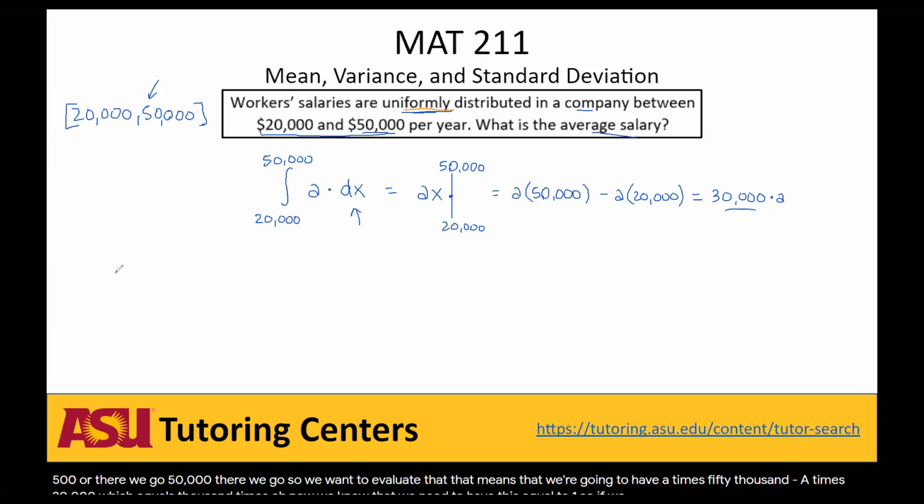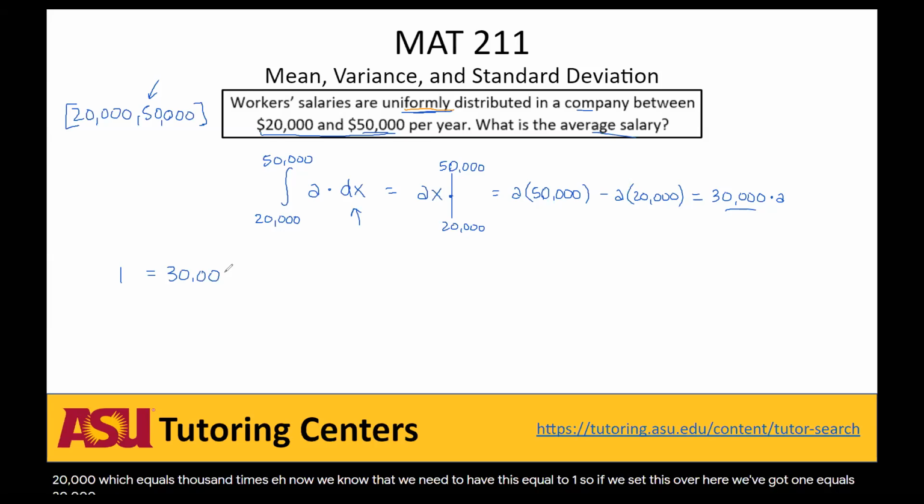So 1 equals 30,000 a. Therefore, 1 over 30,000 is equal to a. So our probability function f of x is equal to 1 over 30,000.